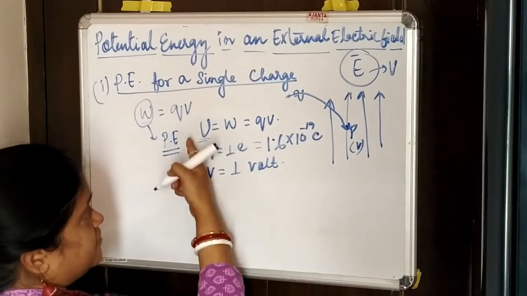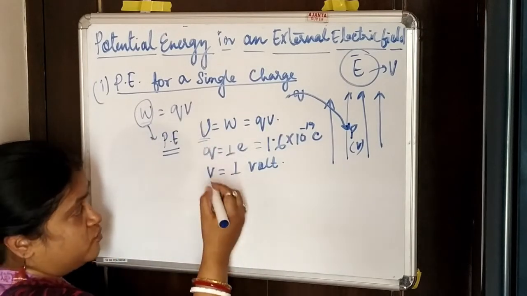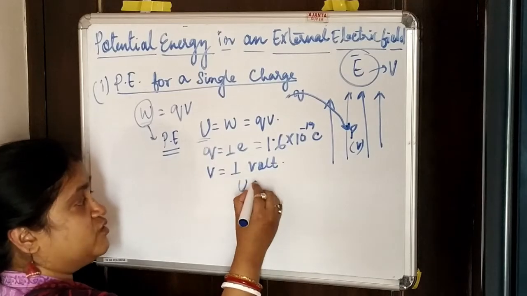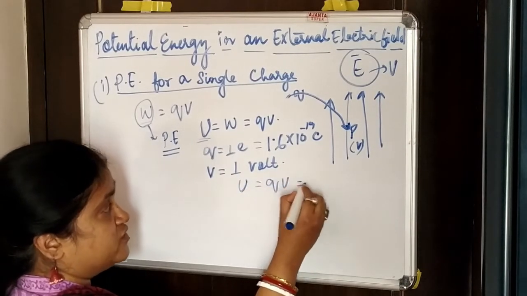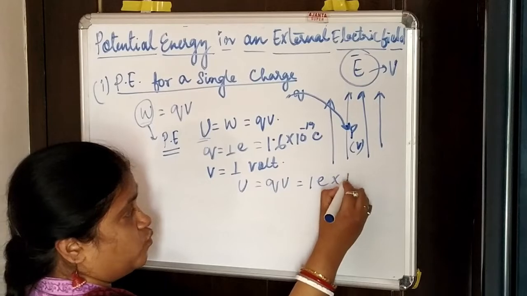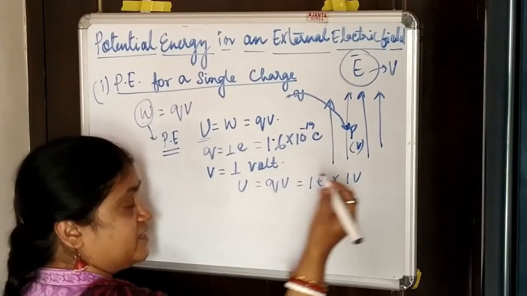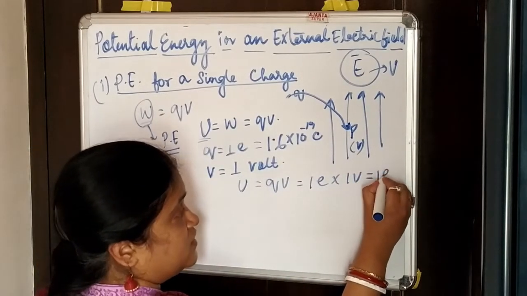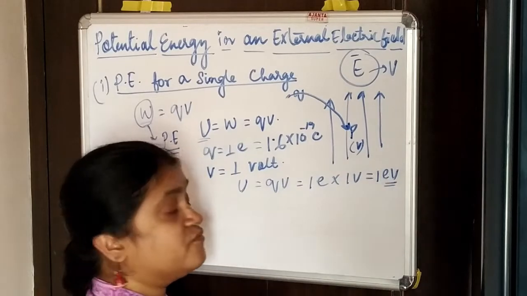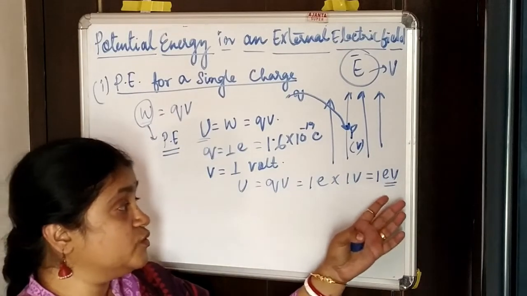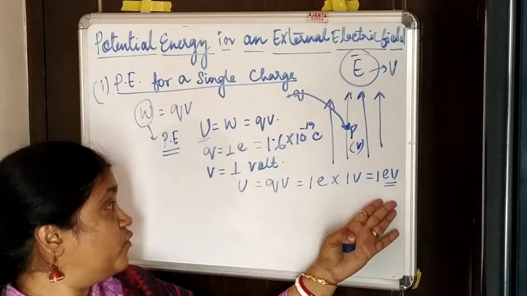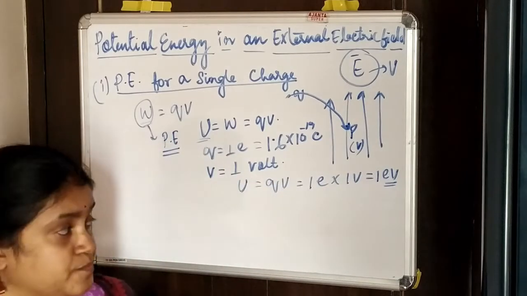Then, according to this formula, the potential energy will be Q into V, which is 1 electron into 1 volt, which I can write as 1 electron volt. This is a particular unit for the potential energy.